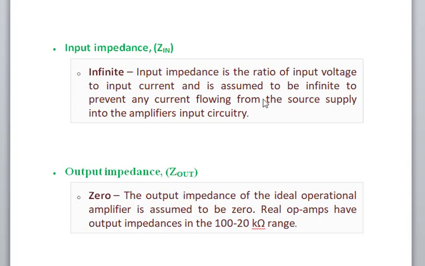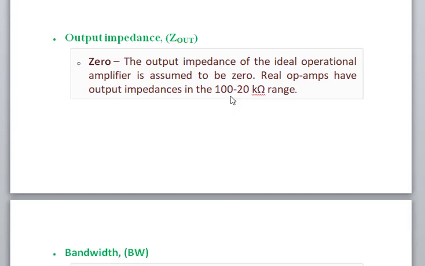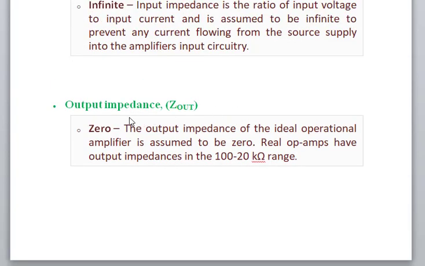This prevents any current flowing from the source supply into the amplifier input circuitry, to avoid damage, and it has very high input impedance, so it is used to amplify very weak signals. Okay, what is output impedance? Output impedance is 0. It is nothing but the ratio of the output voltage and output current.